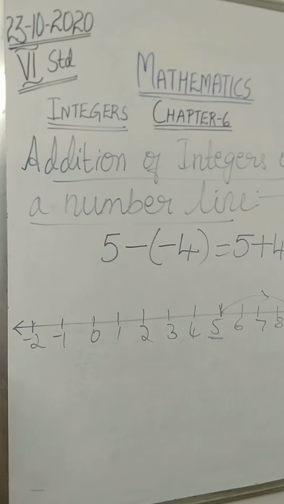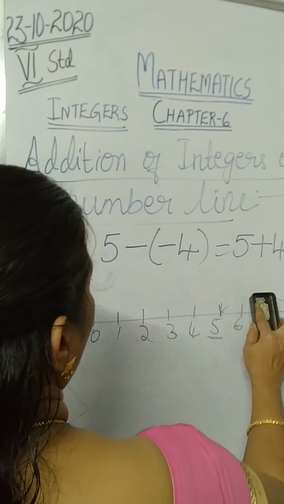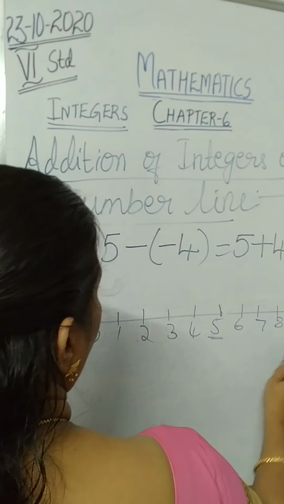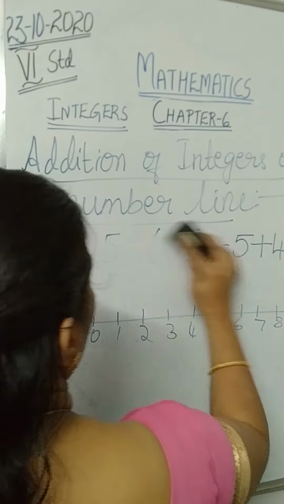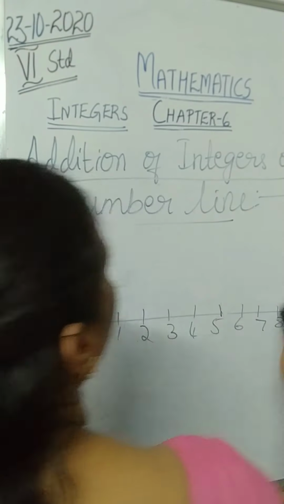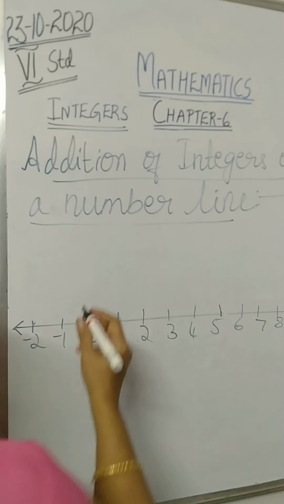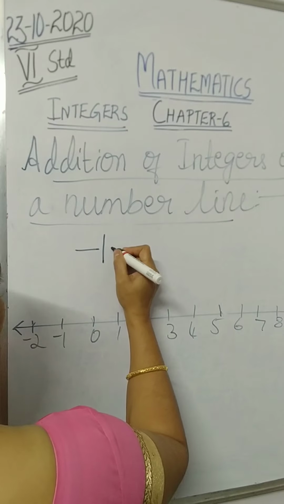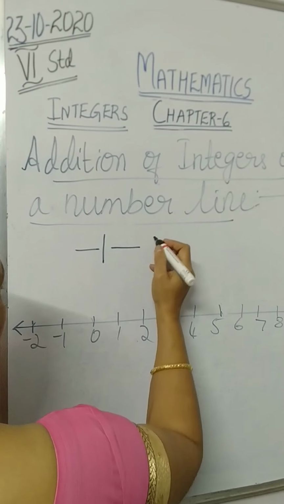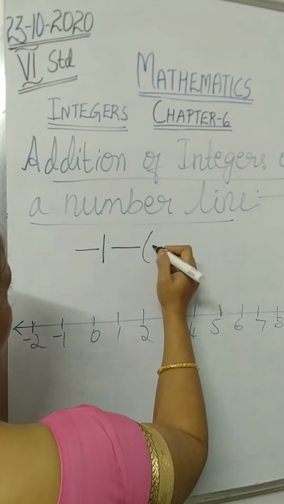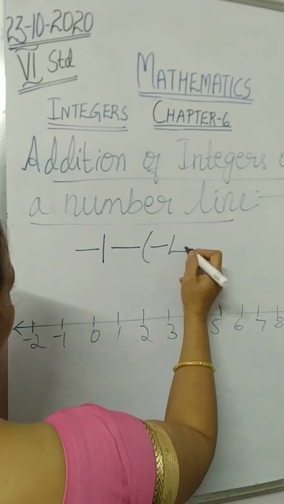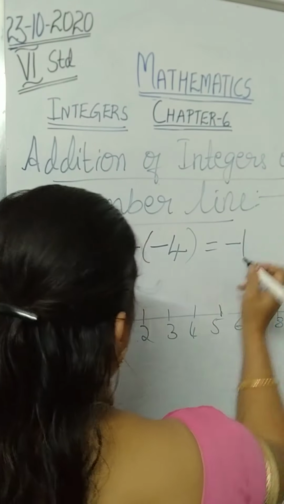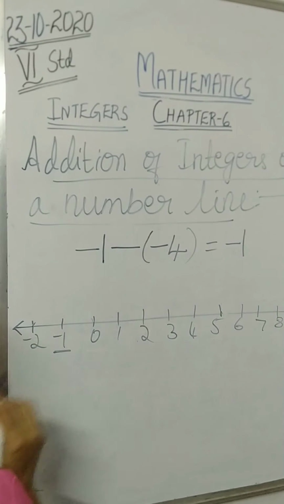Yes? One more I will show you. That is minus 1 minus, minus 4. Now look here, minus 1 as it is. Minus 1 is here, yes we have reached here.